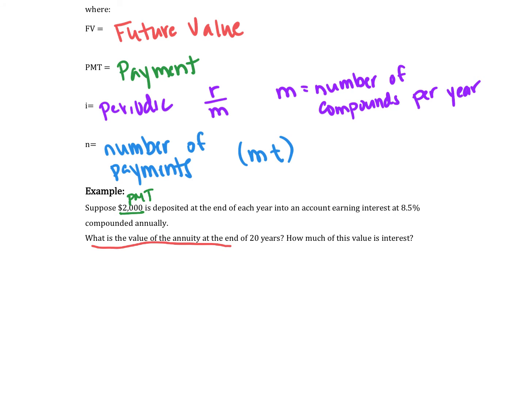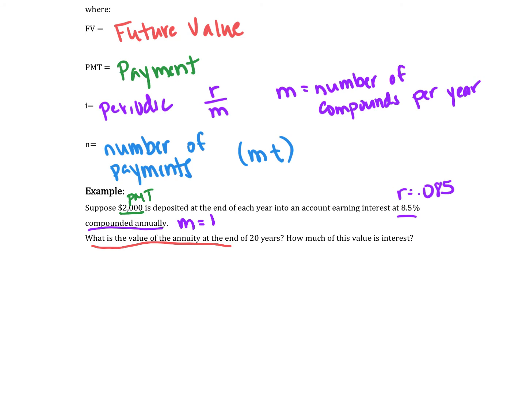For this, our interest rate R is set at 0.085. Now, we need this R to calculate the periodic rate. Here we're compounding annually, so your M is just equal to 1.